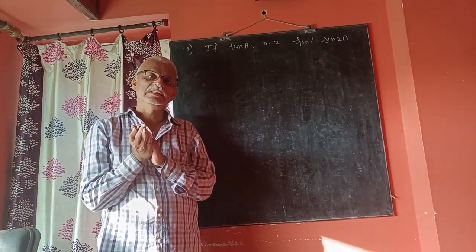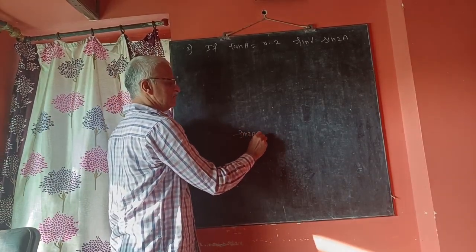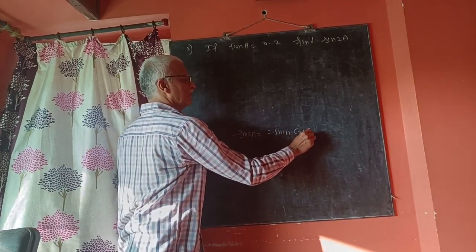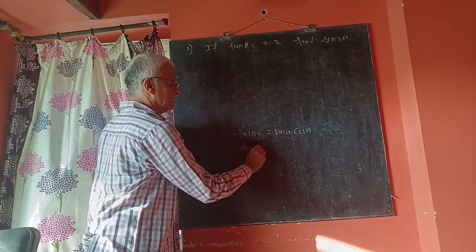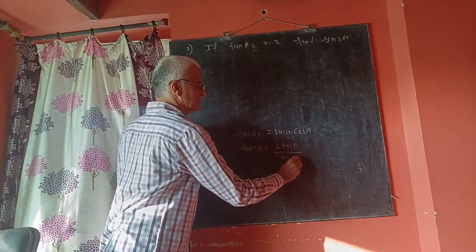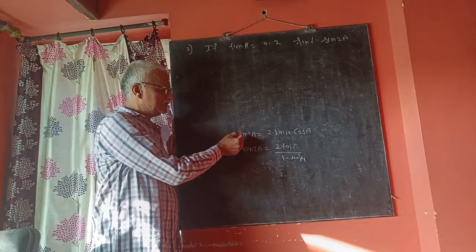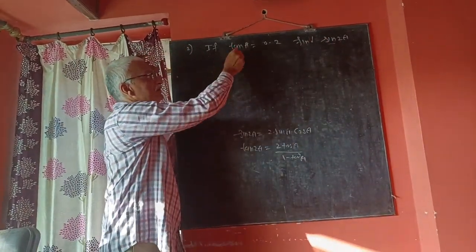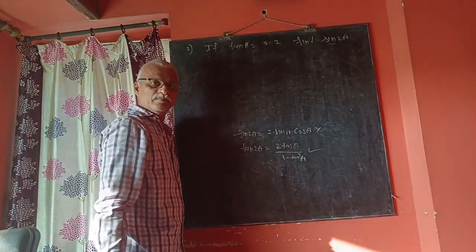Sin 2A is equal to 2 sin A into cos A. And the second one is tan 2A is equal to 2 tan A divided by 1 minus tan square A. You have to find 2A, and tan is given, so you have to apply the second formula.